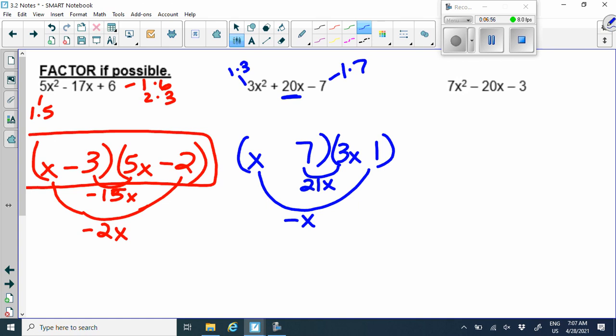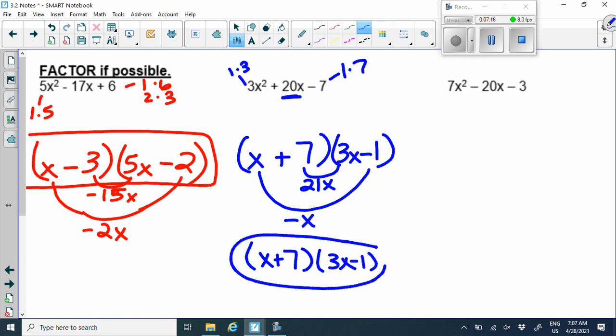Now, once again, the x and 3x have to stay positive because we never make the x's negative. So in between the x and 7, that's going to be positive, and between the 3x and 1, that's going to be negative. So I'm going to just rewrite this so it looks a little bit pretty. My final factorization here is going to be x plus 7 times 3x minus 1.